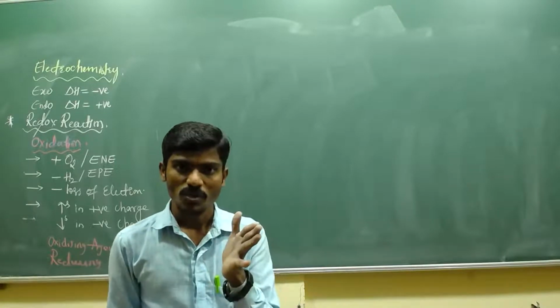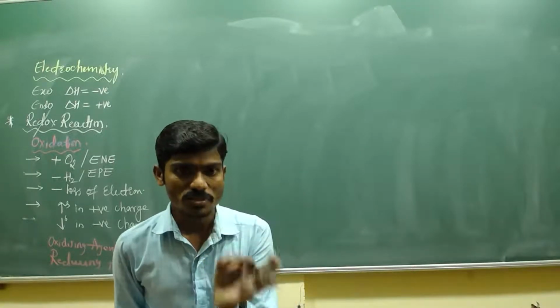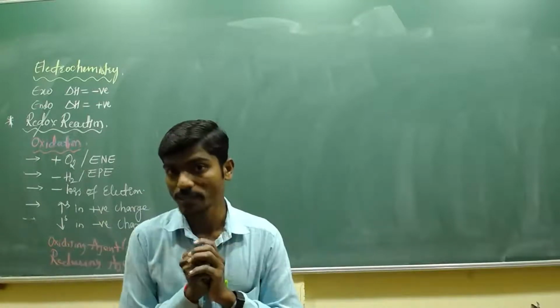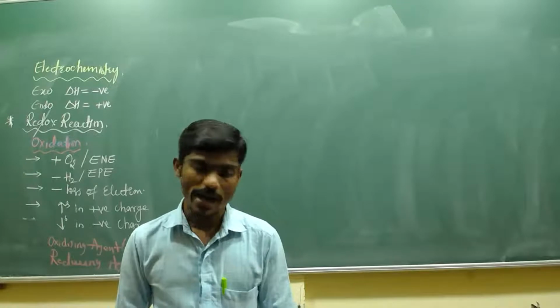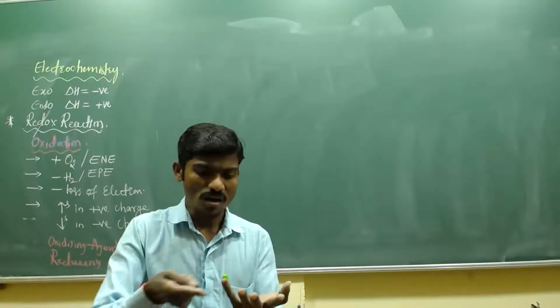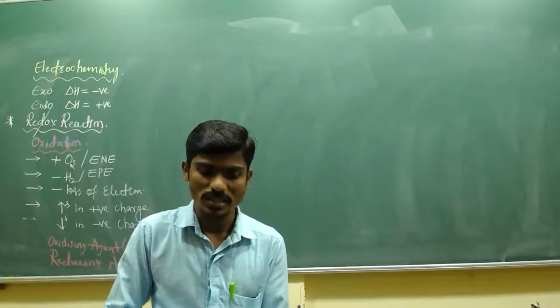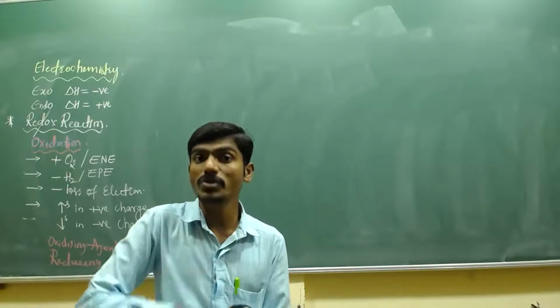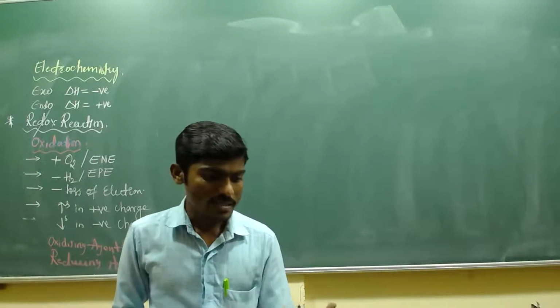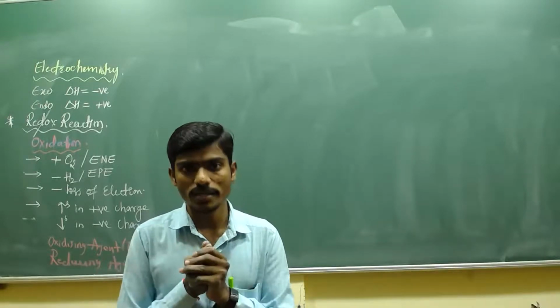Conduction is the tendency of a substance. So conductor and insulator: the substance which allows the passage of electric current through it is called a conductor. Usually metals are good conductors. All strong acids, strong bases, salts, and impure substances are said to be good conductors. Whereas bad conductors are insulators.